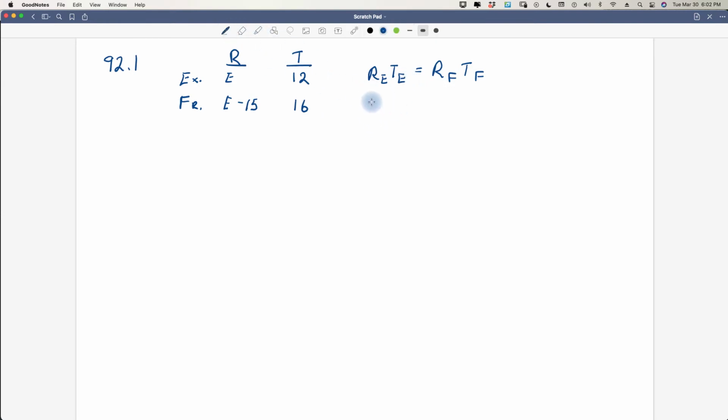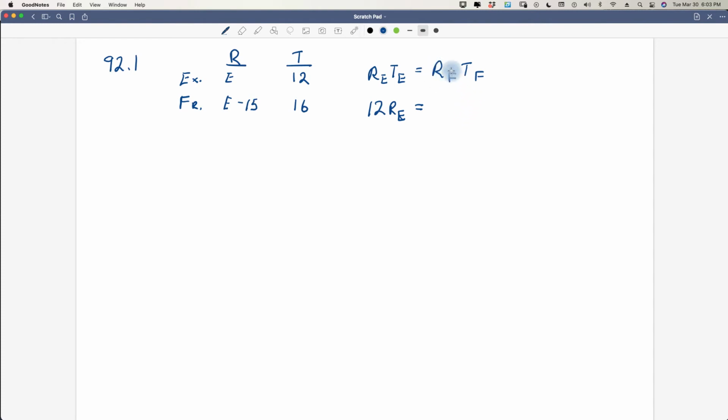So we can write this 12 times the rate of the express simply because I like to write my variables or my whole numbers in front of my variables. I like the coefficients. That's the way most people are going to do it. They're going to put the coefficient first, even though this is 12. Because you're multiplying, it doesn't matter which order you write them in. That's our rule for multiplication, the commutative property of multiplication.